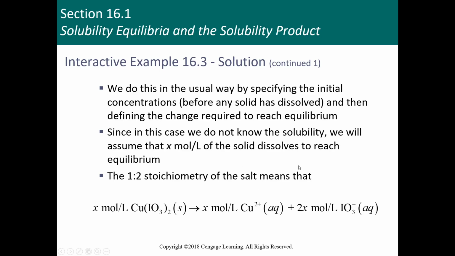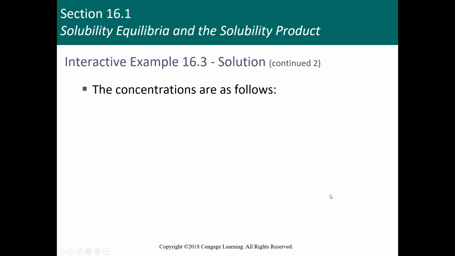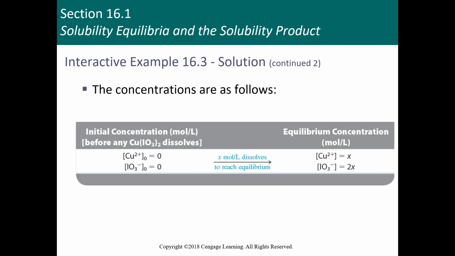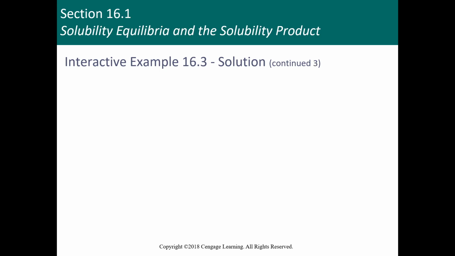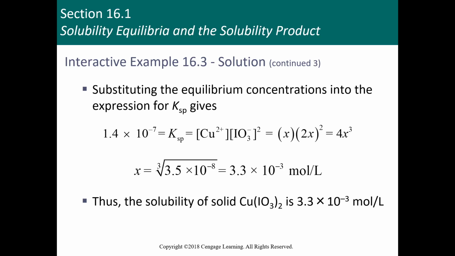For every one of these, you'd form 2, which comes from right there, of these. All right, so we can then plug those in. So our initial concentrations would be 0. Our changes have to be those X's, right? And so at equilibrium, we are going to end up with X for our concentration of copper here, and 2X for our concentration of iodate.